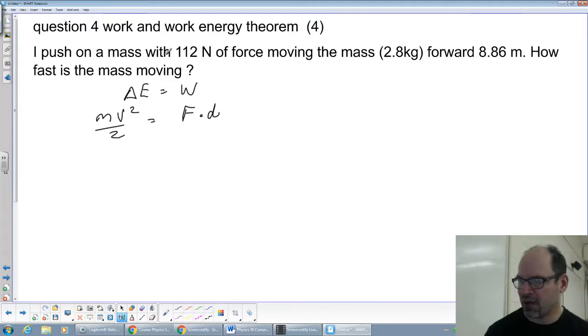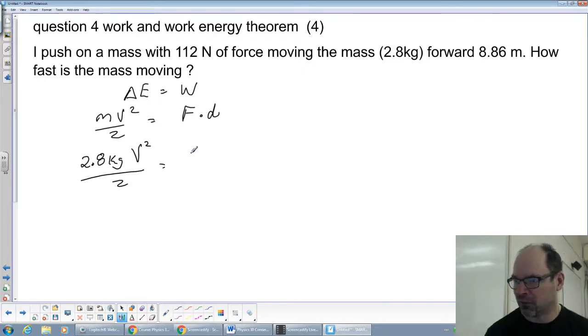Now the distance has no angle to it, so we don't have to worry about finding Fx here, but you may have to on the test or another question. So we plug in our numbers: 2.8 kilograms times v squared, which we're trying to find, over 2 equals 112 newtons times 8.86 meters.